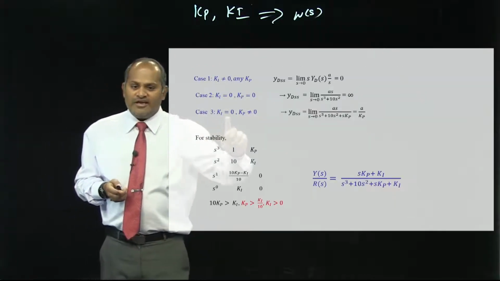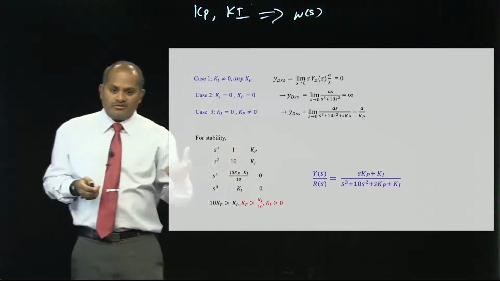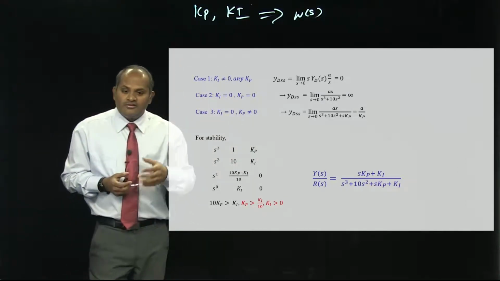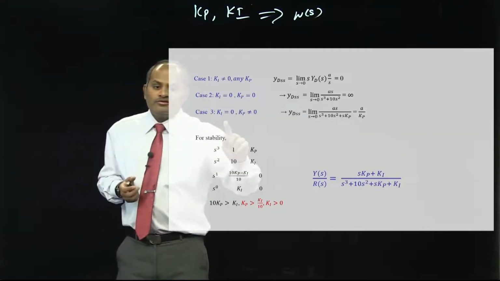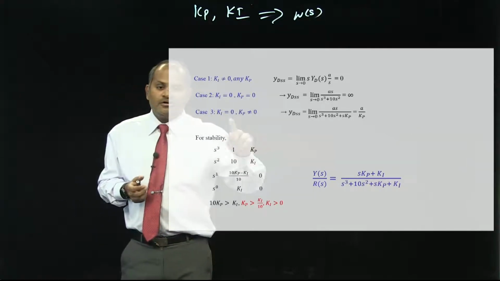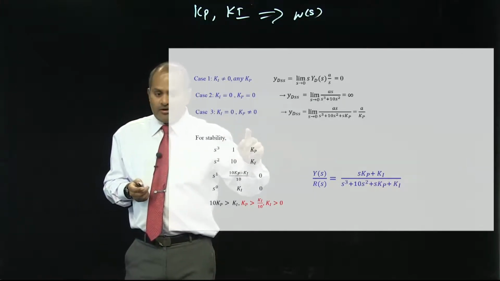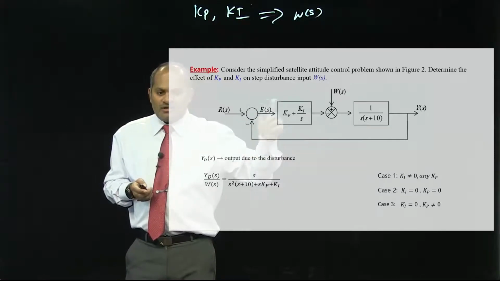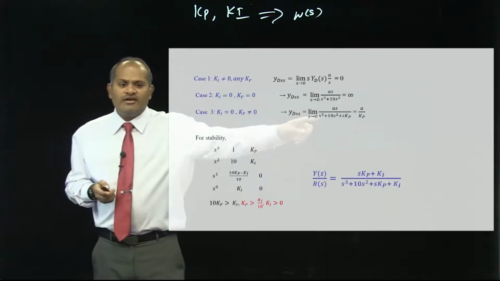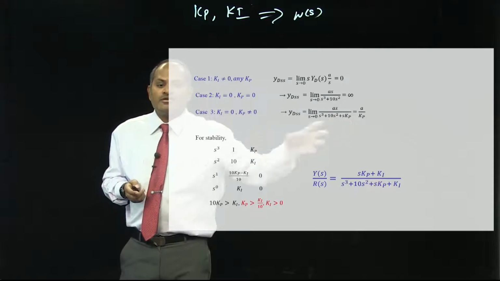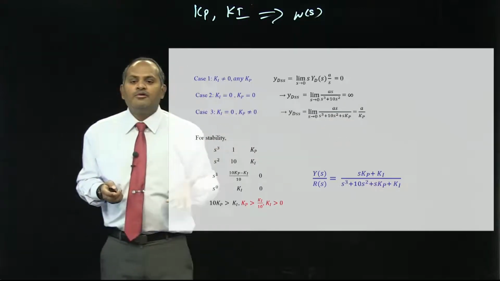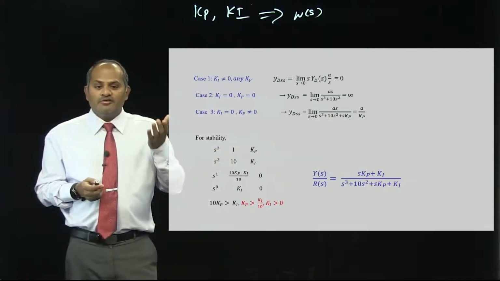When ki equals 0 and kp is not equal to 0, we are left with only the kp function. It is like a normal steady state, so what we get is a by kp. That means if you select a good kp, you can reduce the steady state error due to disturbance.